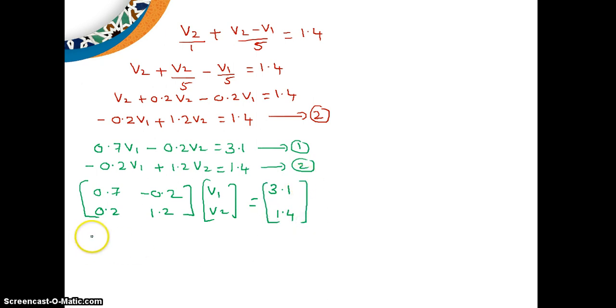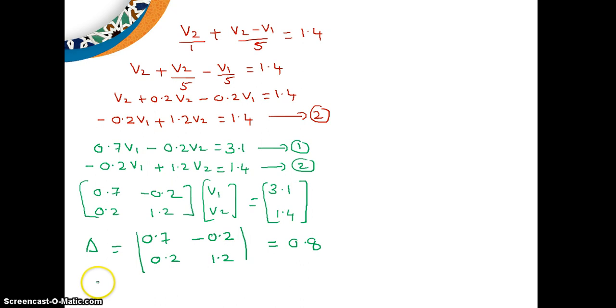Now, like previous problems, find delta, that is 0.7, minus 0.2, minus 0.2 and 1.2, so we get 0.8.